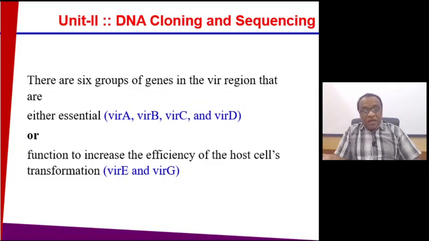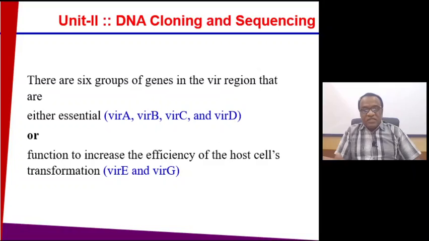Additionally, you find other virulence genes located on the bacterial chromosomes, and they are also involved in the early recognition and contact stages of the infection process.